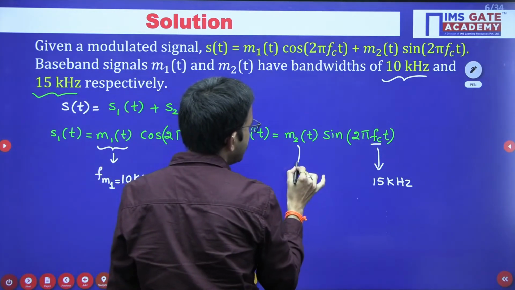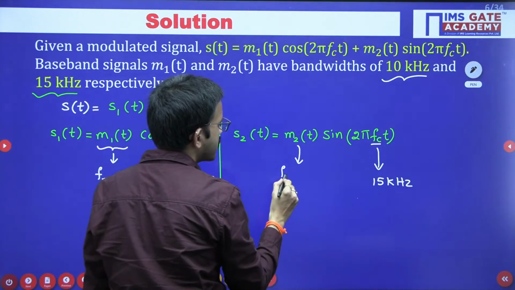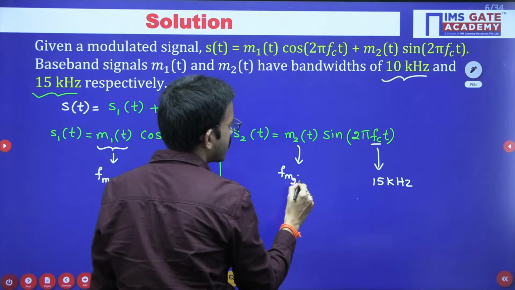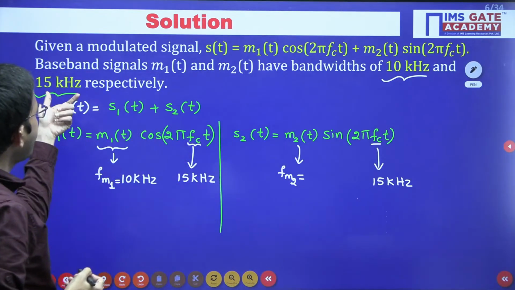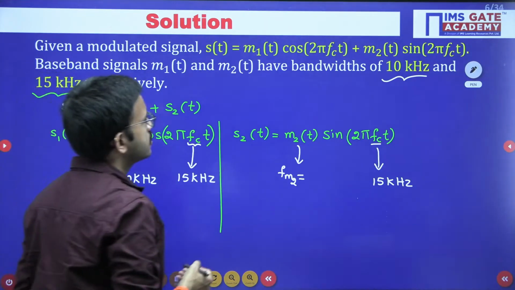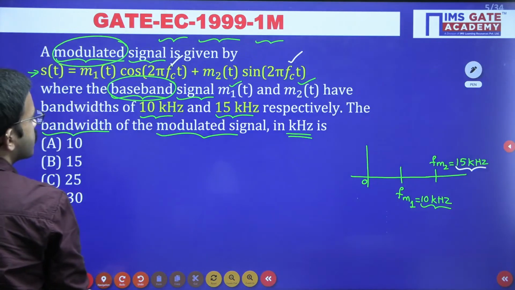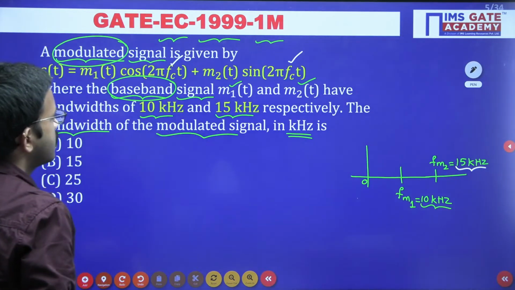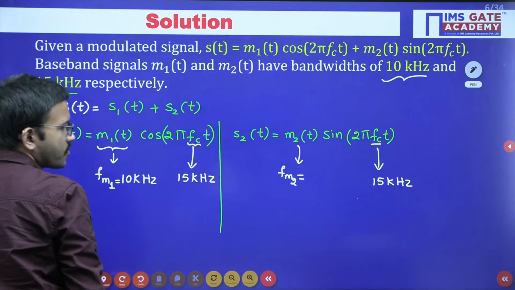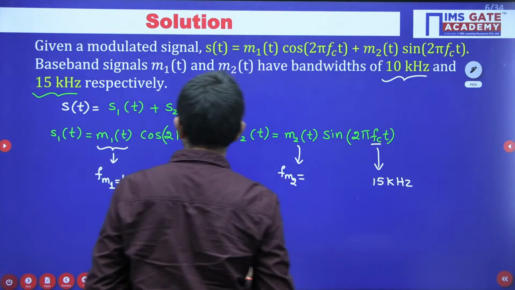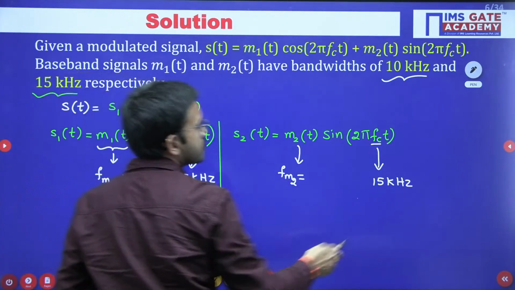Now, regarding m2 of t, the corresponding frequency is 15 kHz. Sorry, just one second. Yeah, fc they haven't given. Okay, so here it is fc only.